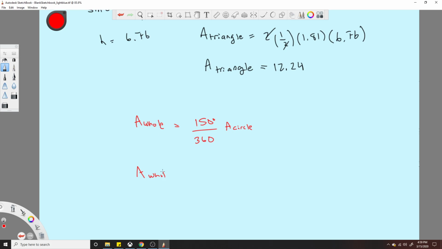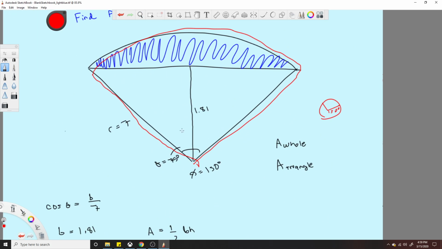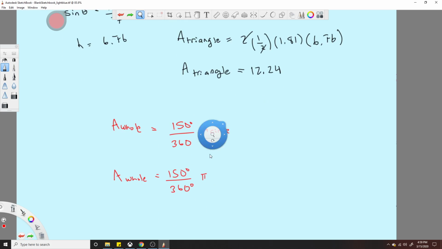So a whole equals 150 degrees over 360 degrees times pi. The area of a circle is pi r squared. What's our radius? Well, you could see, if this was a whole entire circle, our radius would be 7 right there. So this would be 7 squared.